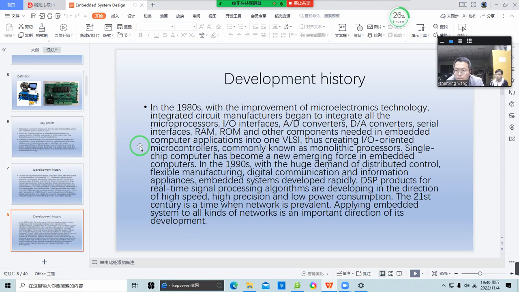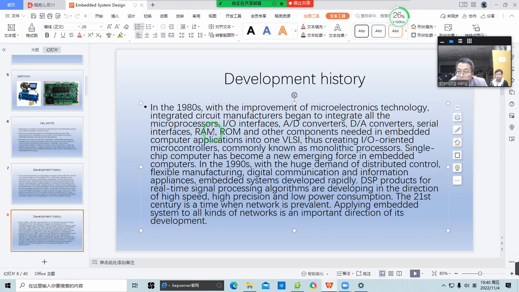Then in the 1980s, with the improvement of microelectronic technology, integrated circuit manufacturers began to integrate the microprocessor, I/O interfaces, AD converter, DA converter, serial interface, and ROM and RAM.